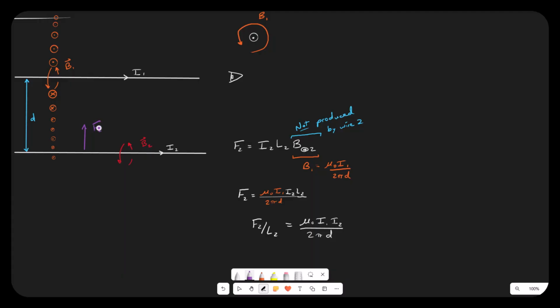There is the force on wire 2. So my force on wire 2 per unit length is going to be mu naught I1 I2 over 2 pi d, and it's going to point upward.